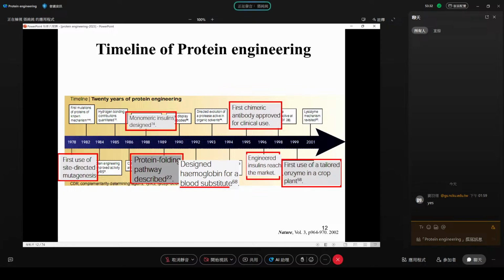So recently, a lot of tailored enzymes, the so-called engineered enzymes, have already started to be applied in our crop and plant companies. We always believe that we don't eat any GMO plant, right? But I have to say that's not real, because we don't plant a lot of soybean, but we drink soybean milk every morning in our culture, right?